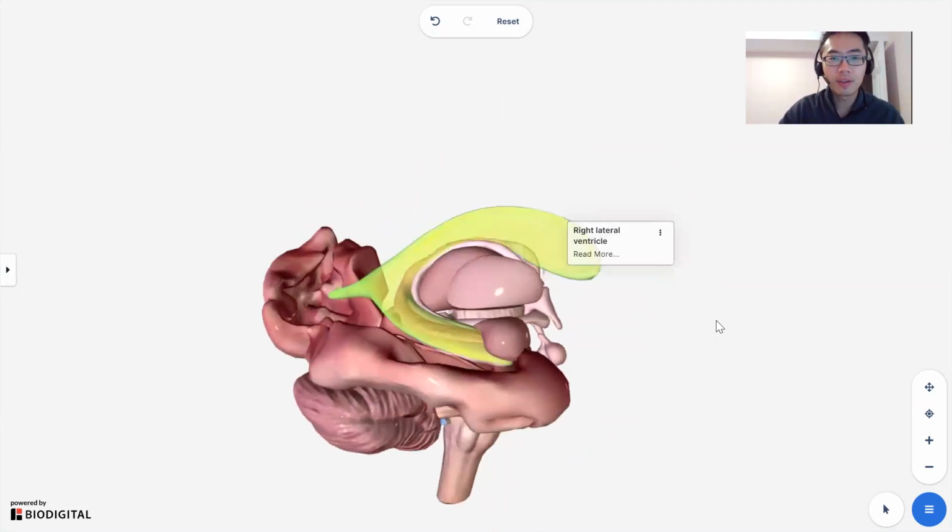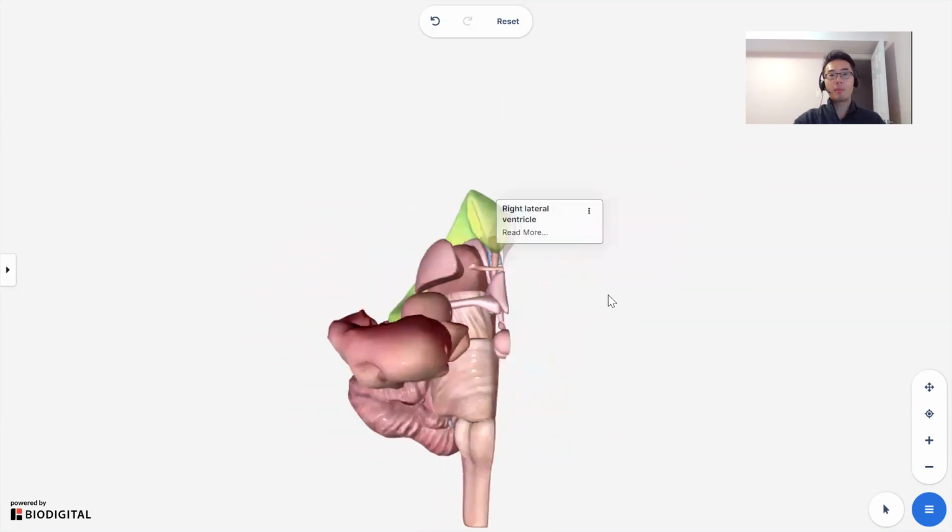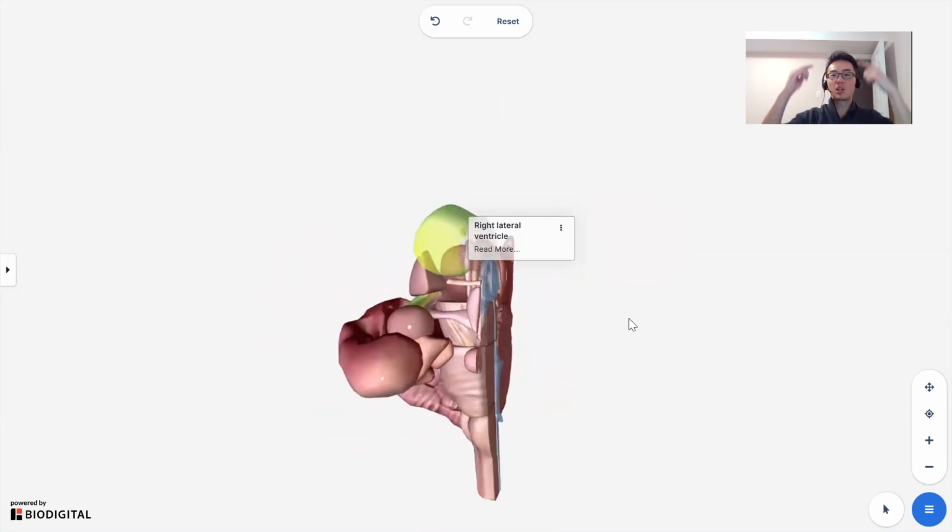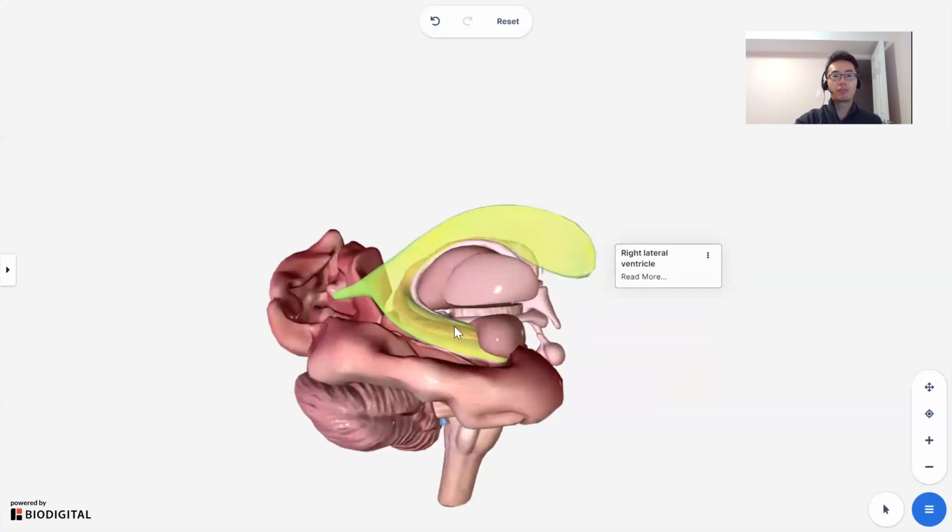So you can see the lateral ventricle is actually a C shape, right? Remember, if we look at it from the front, it kind of looks like a horn. That is the lateral ventricle. Within the lateral ventricle, and actually all the other ventricles, there are these spongy structures.